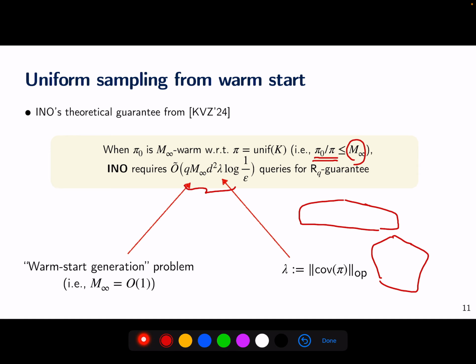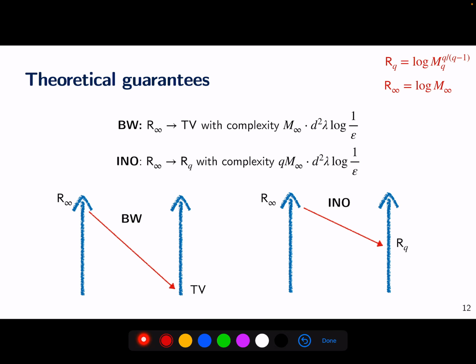Okay, and then the warm start generation problem comes into the picture, because if you just naively use some easy warm distribution, then M infinity is going to be very large, exponentially large. So the warm start generation problem is to generate some good initial warm start whose warmness is going to be O(1). I will get back to this part.